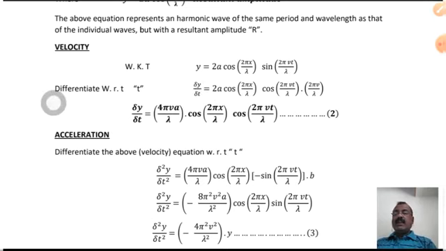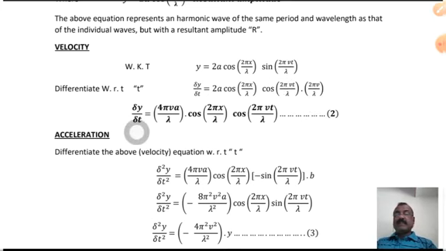Hence, we want to differentiate with respect to time. If you differentiate with respect to time, we can write 2a cos 2 pi x by lambda. The differentiation of sin theta is cos theta, so cos 2 pi vt by lambda into the coefficient of t, which is 2 pi v divided by lambda.